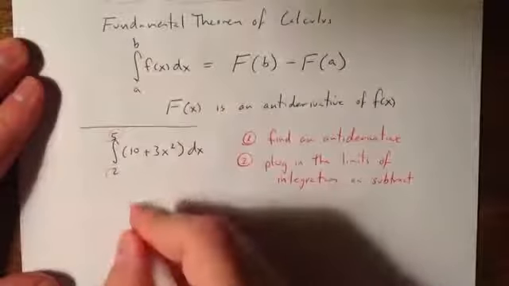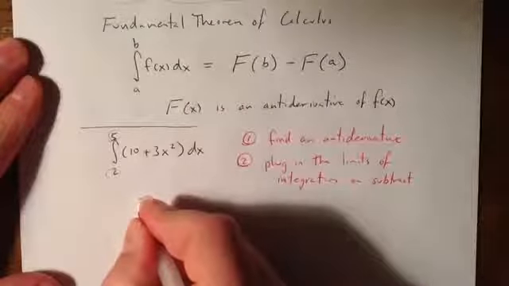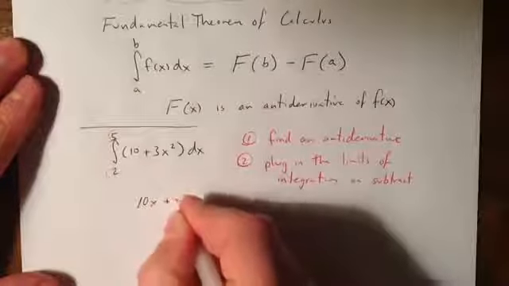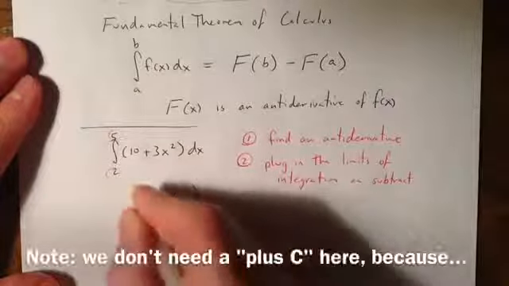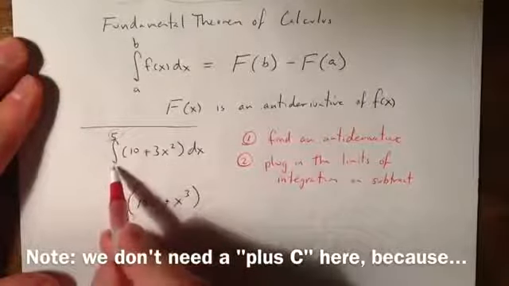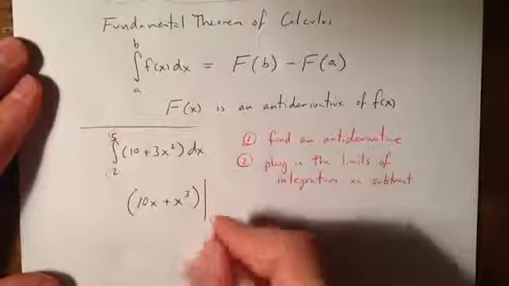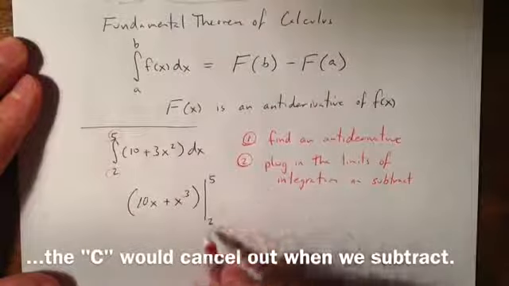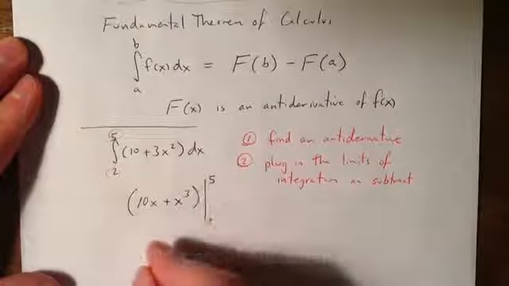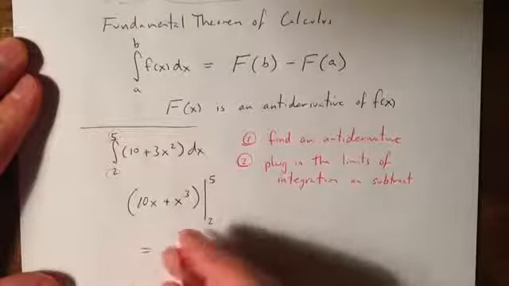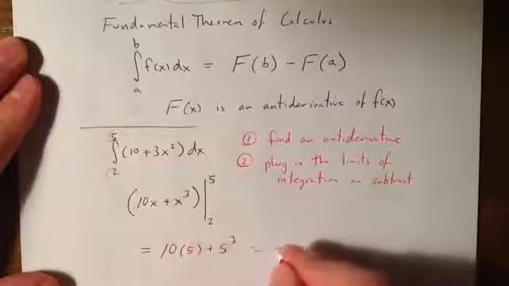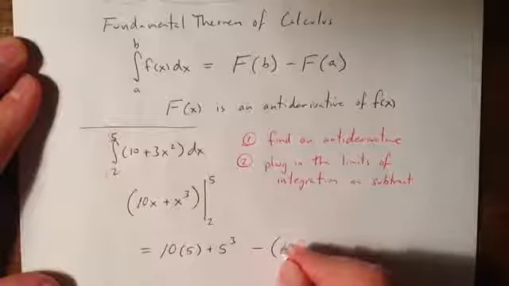Well, an antiderivative is 10x plus x cubed. And now I've done the integral part of it, so I'm going to write a line to remind me that I want to subtract. This is read such that I want to evaluate that expression at 5 and also at 2, and subtract the difference.